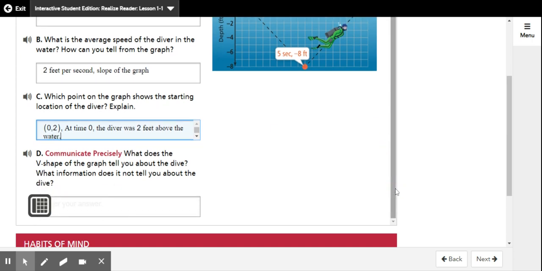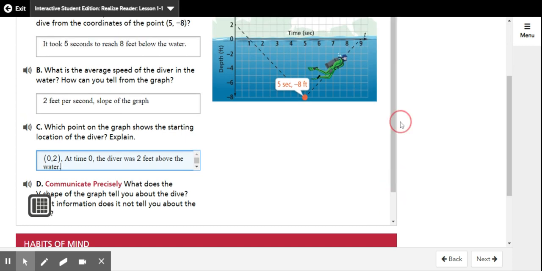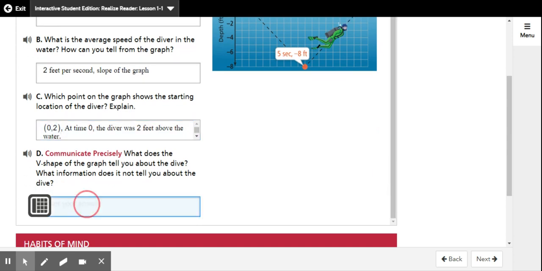And last question, communicate precisely. What does the V shape of the graph tell you about the dive? That tells me that the diver descended at the same rate that she ascended.